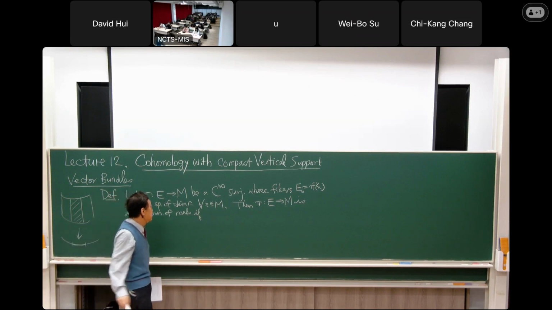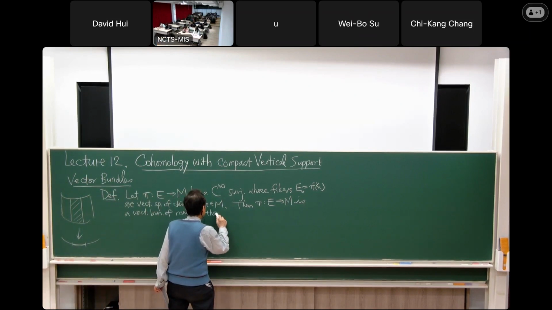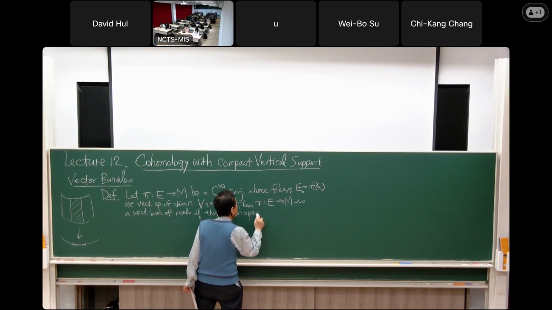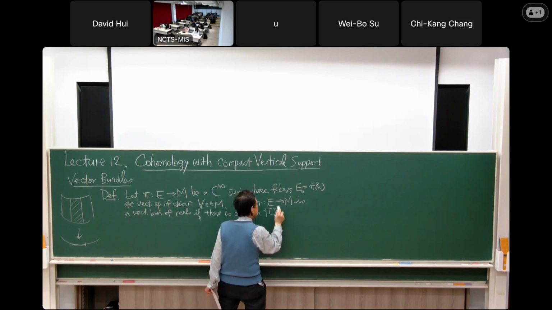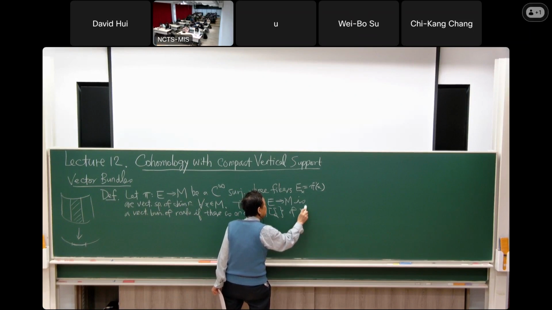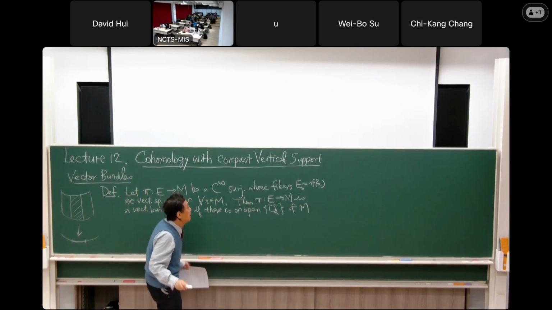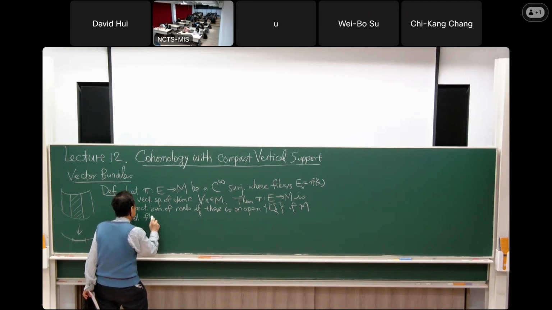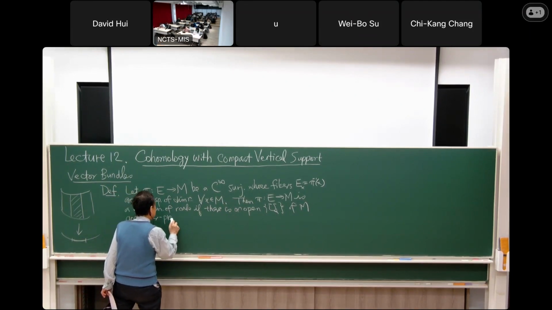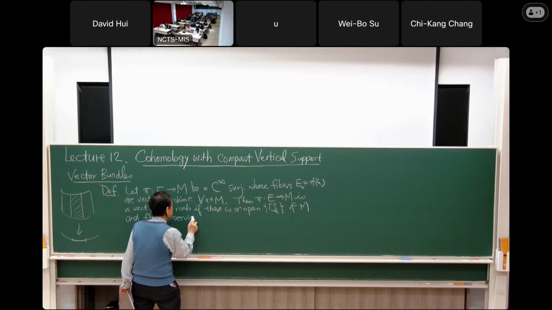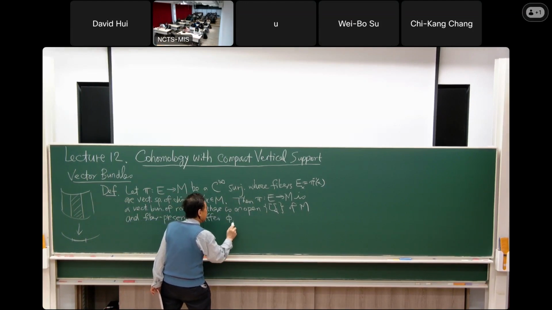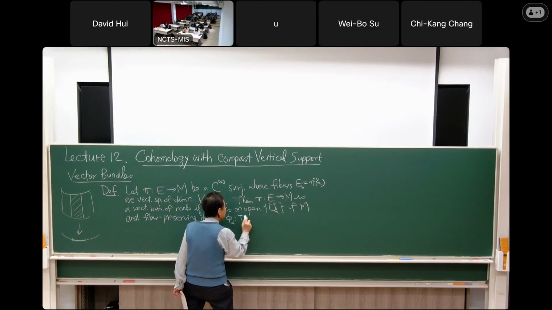if it is locally trivial. So if there is an open cover U alpha of M and fiber preserving diffeomorphisms phi alpha from pi inverse of U alpha.